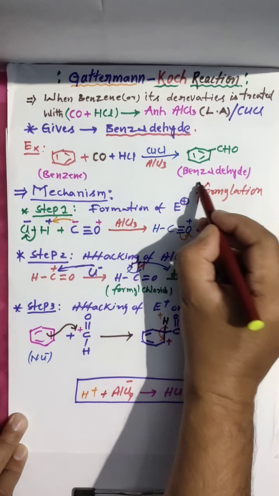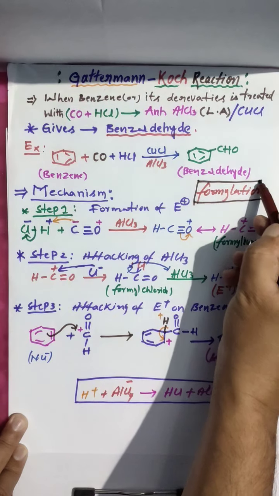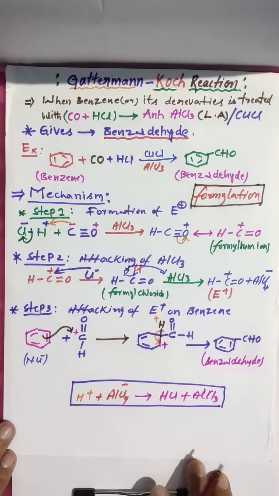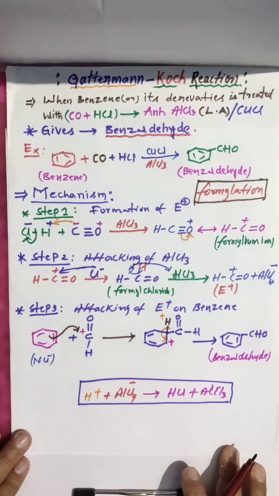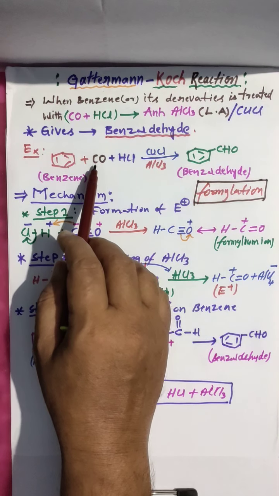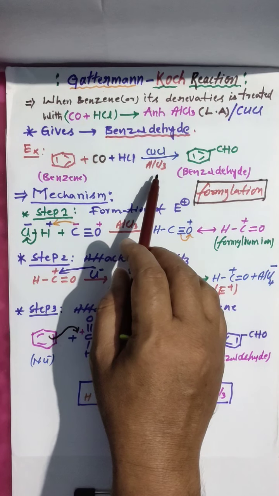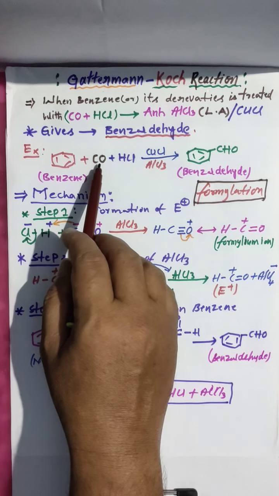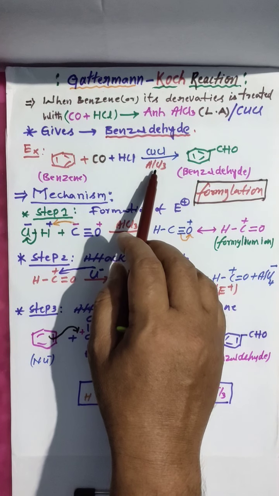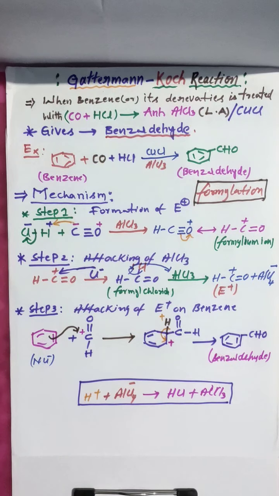Formylation of benzene or its derivatives gives benzaldehyde. This process is called the Gattermann-Koch reaction. Here CO is a Lewis base, AlCl3 is a Lewis acid. CO will donate a lone pair, and AlCl3 will accept a lone pair, or it can accept a H plus also.